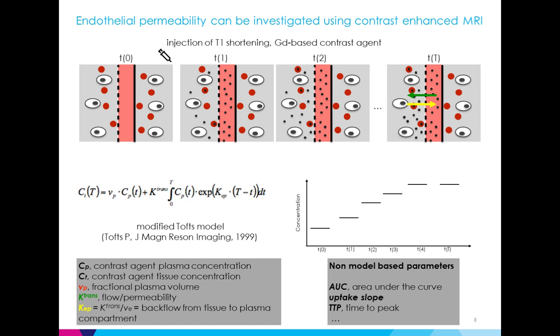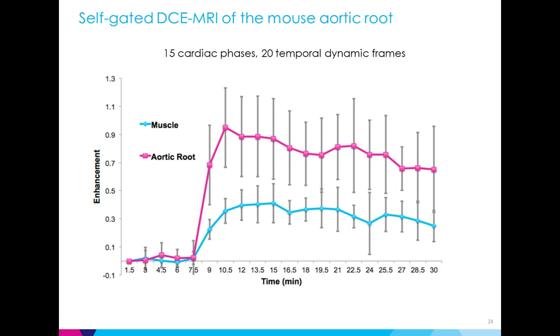And they try to extract relative kinetic parameters relative to other tissues, for example, using the muscle. If you recall, in the very last slide, I showed you muscle curves as an example. So, for example, these curves could be used as the basis for relative modeling to extract relative kinetic parameters of permeability in the aortic root. So I think those are the main options.